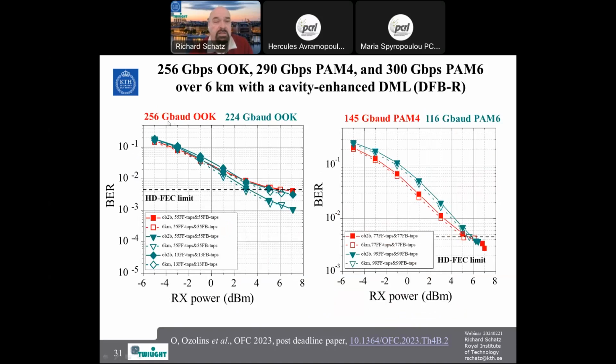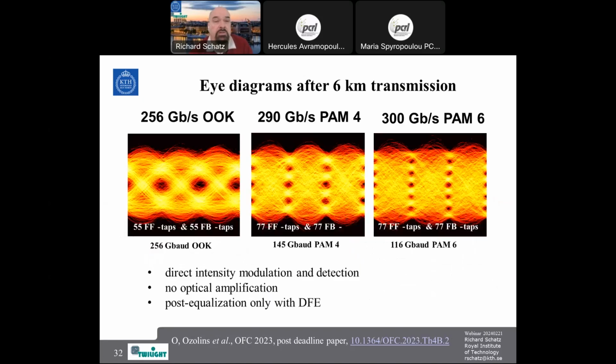So we could transmit 256 gigabaud on-off keying with this DML, and 145 gigabaud PAM4, that is 290 gigabits per second, and 160 gigabaud PAM6, which is close to 300 gigabits per second with this device. And I will also show here the eye diagrams of the 6 kilometer transmission.